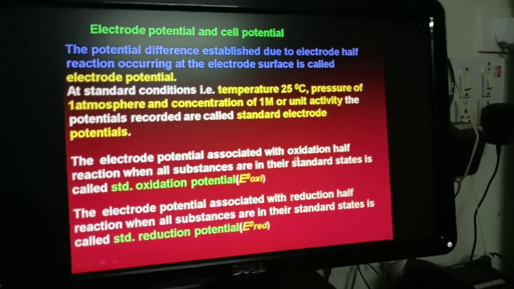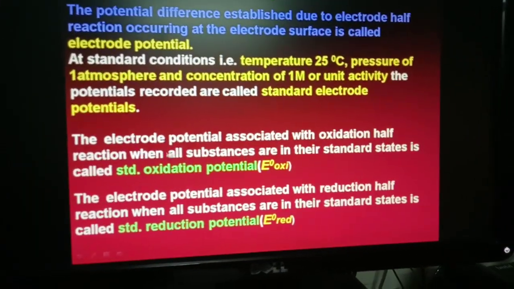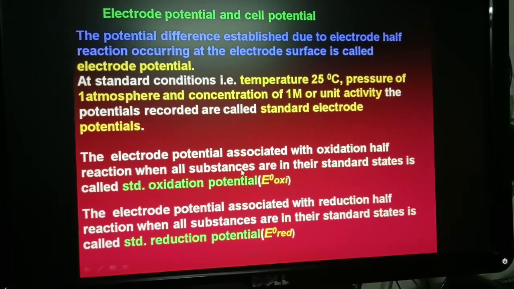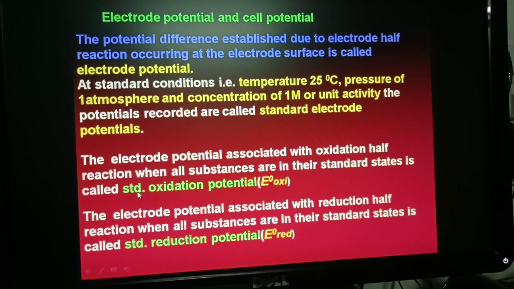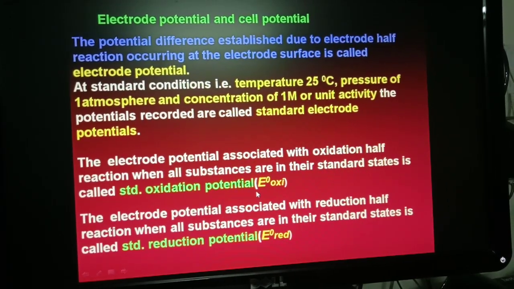Now let us study about the two types of potentials. One is standard oxidation potential and the other one is standard reduction potential. The electrode potential associated with oxidation half reaction when all the substances are in their standard states is called standard oxidation potential.